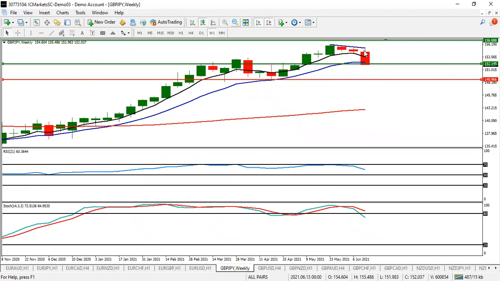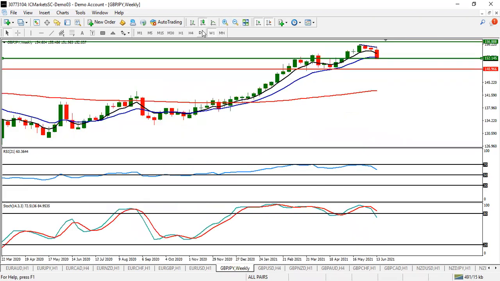The weekly candle closed with a perfect bearish momentum candle, so we undoubtedly believe this may drop down to the red support at 148.96 during this coming week due to the momentum on the weekly candle.